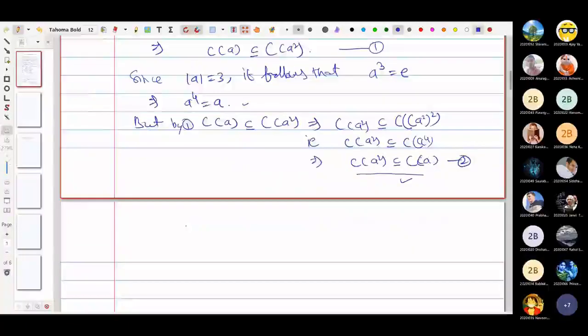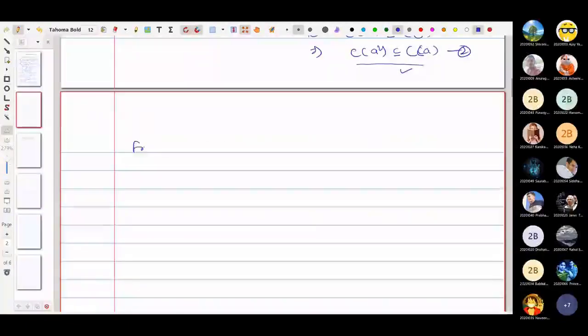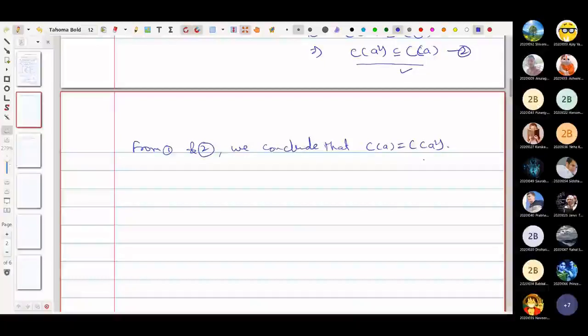So from 1 and 2, we conclude that the centralizer of A equals the centralizer of A square. This completes the proof of one part.